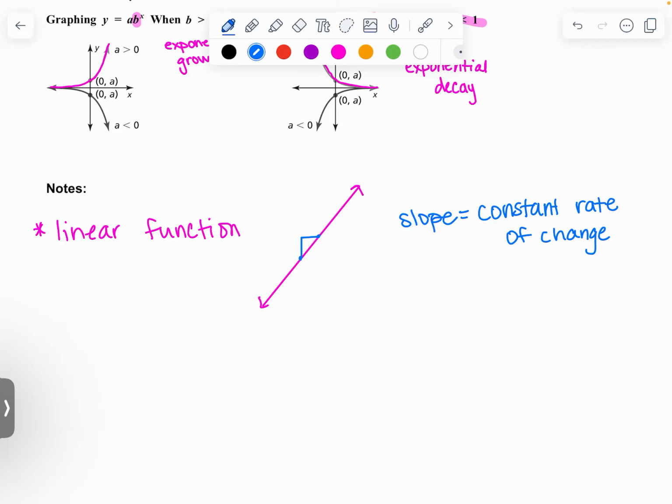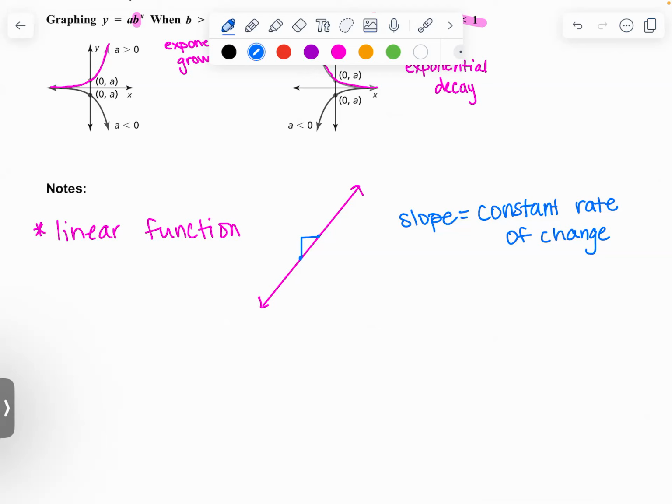Linear functions have slope. They have a constant rate of change. You remember if we looked at an XY table, our y's would be increasing or decreasing by the same amount. All the y's were plus 2, plus 2, plus 2, or maybe minus 3, minus 3, minus 3.